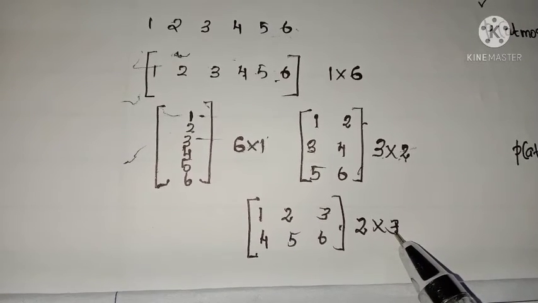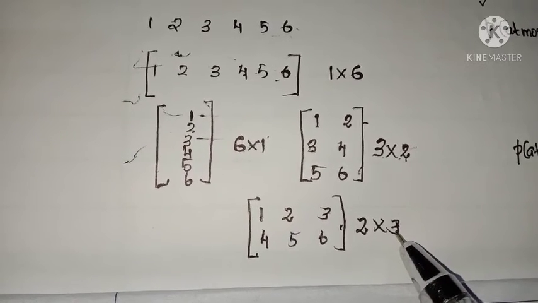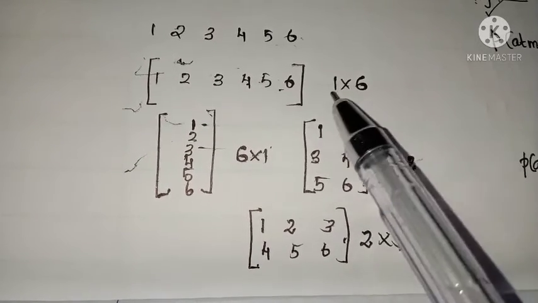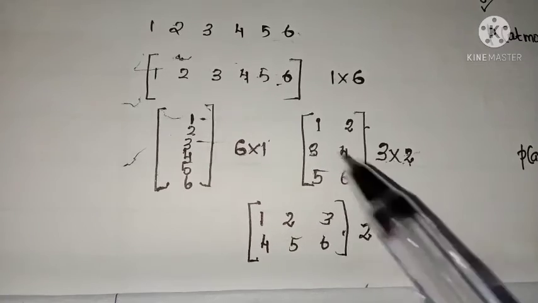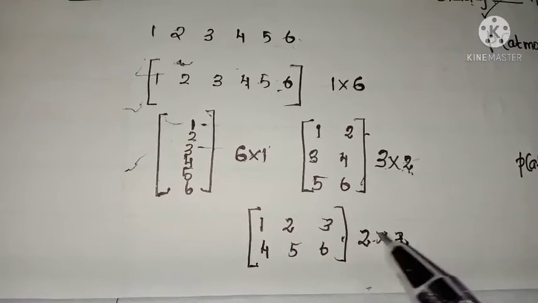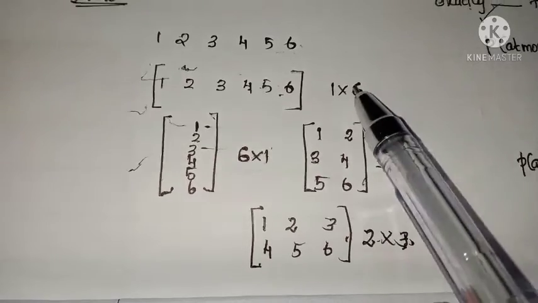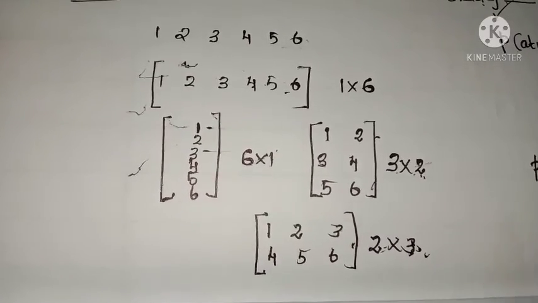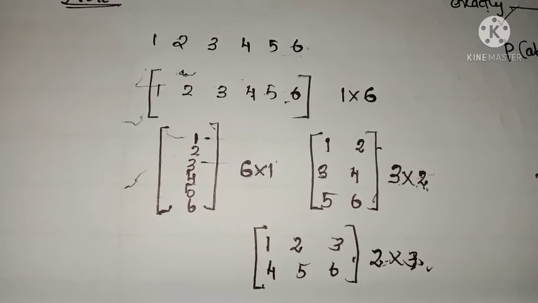So what is the possible number of orders? 4. What are the possible orders? 1 by 6, 6 by 1, 3 by 2, 2 by 3. I hope it's clear to you.